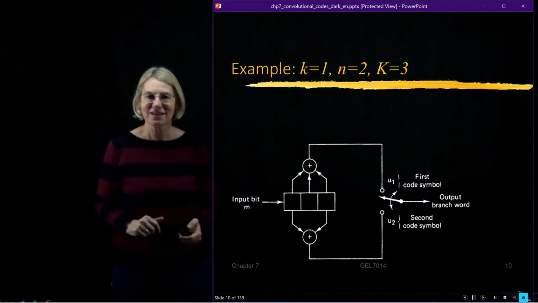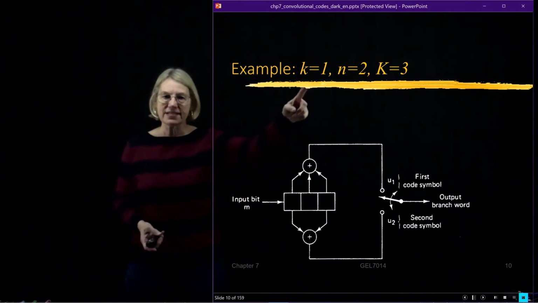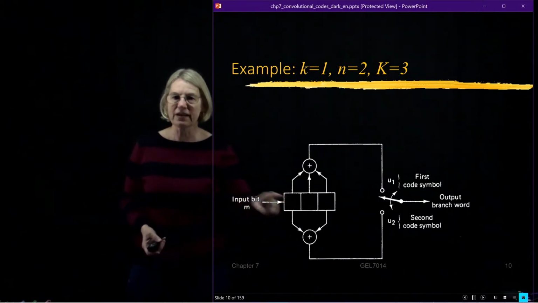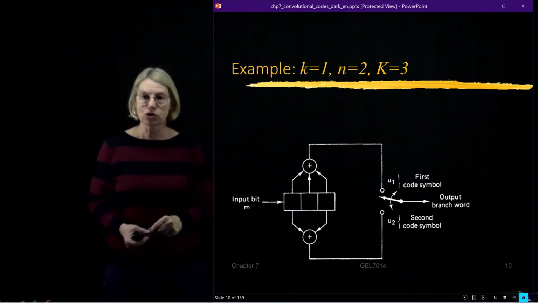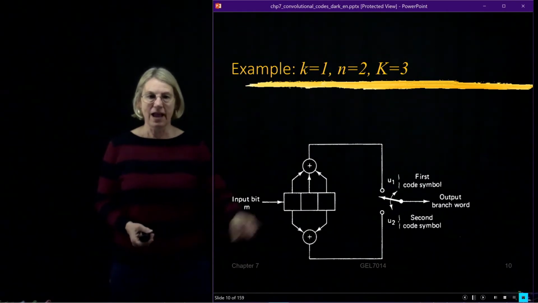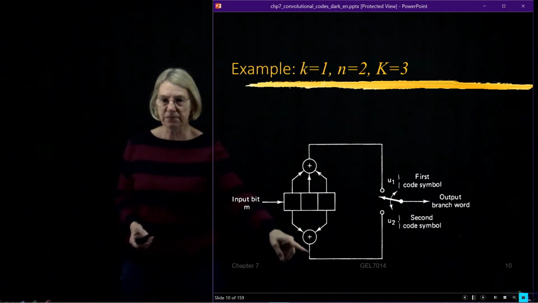So that's a little bit of a side, pay attention to what's going on and why we're doing it this way. So here's our example, very, very simple. Lowercase k is 1, which means that this shift register is just big enough to take in 1 bit. The n is equal to 2, so 1 bit gets expanded to 2 bits once it's coded, and therefore we have 1 bit of the code and a second bit of the code.